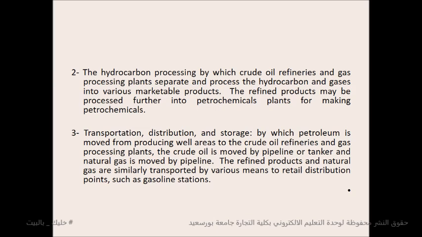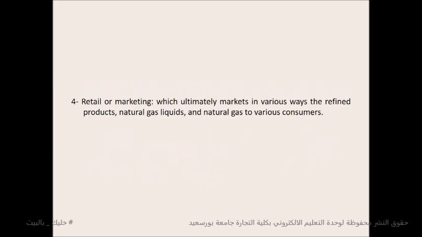The refined products and natural gas are similarly transported by various means to retail distribution points, such as gasoline stations. Number 4. Retail or marketing, which ultimately markets in various ways the refined products, natural gas liquids, and natural gas to various consumers.